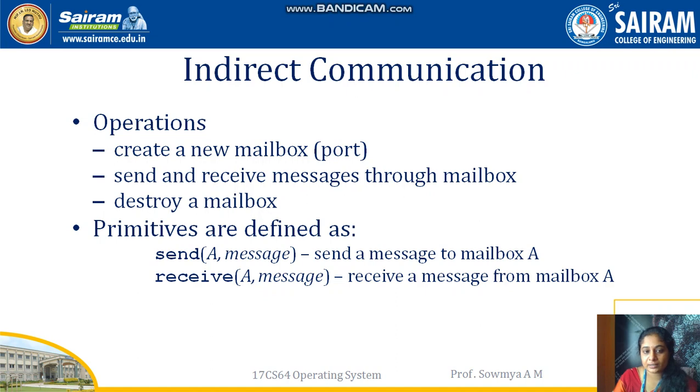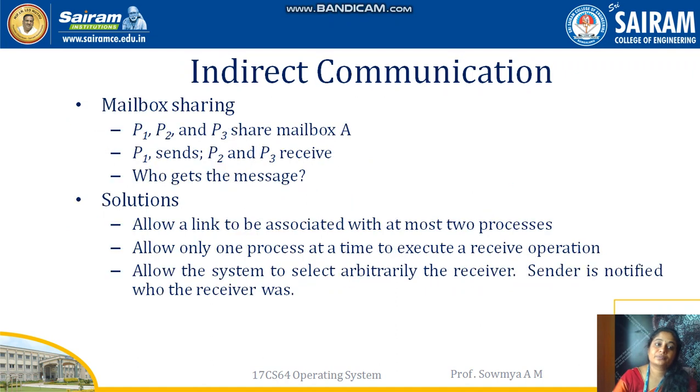How do you send a message? Send a message to mailbox A. The sender sends a message to mailbox A, and the receiver receives the message from mailbox A. So what if a mailbox is shared by many processes, like P1, P2, P3 sharing the same mailbox?